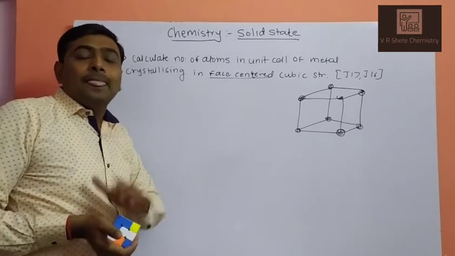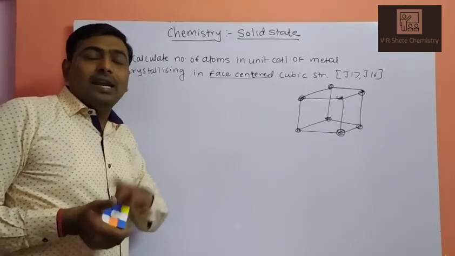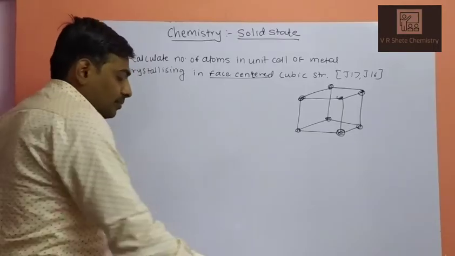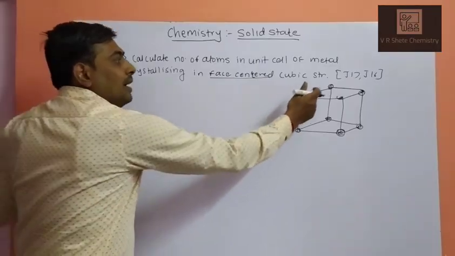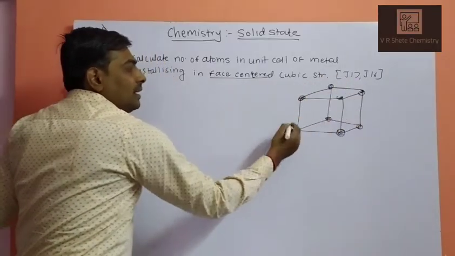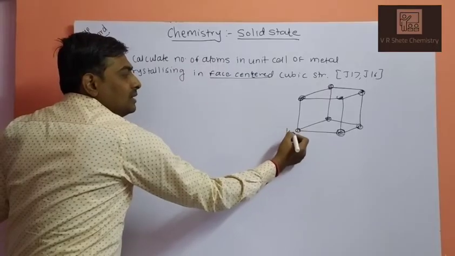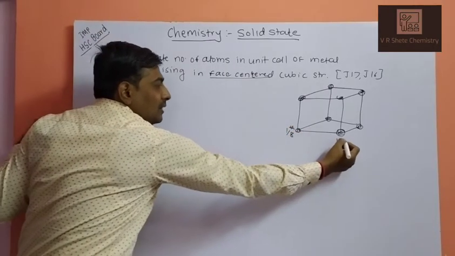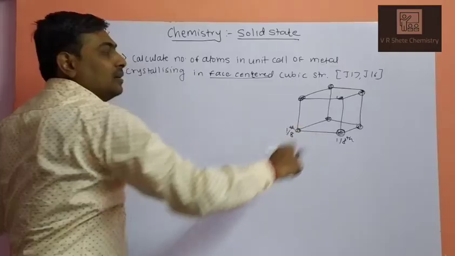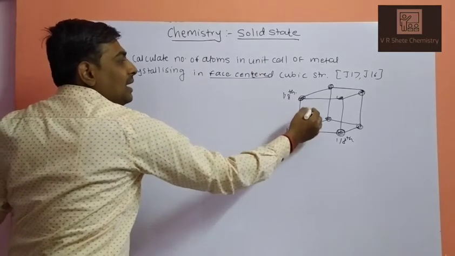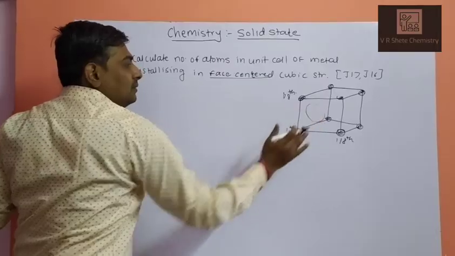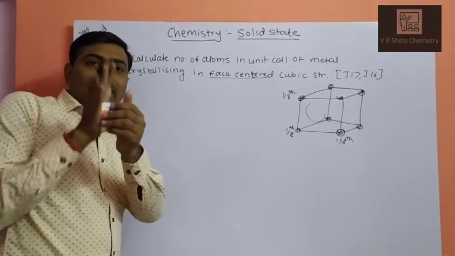So obviously 1 atom is placed at each face, and 1 atom at each corner. So 1 2 3 4 5 6 7 8. Every corner is considered as a 1/8 part, and half a molecule is present at the face.